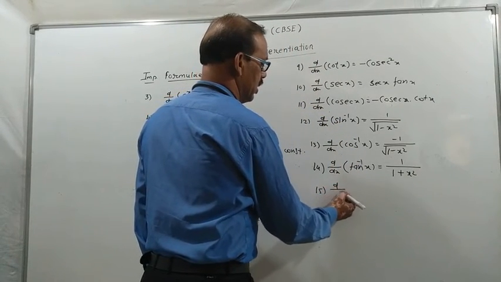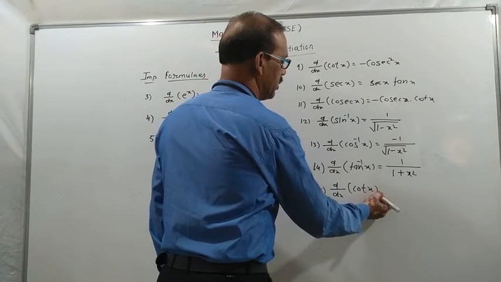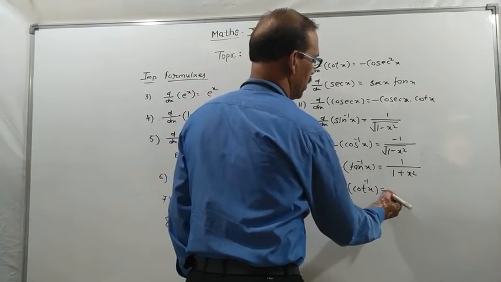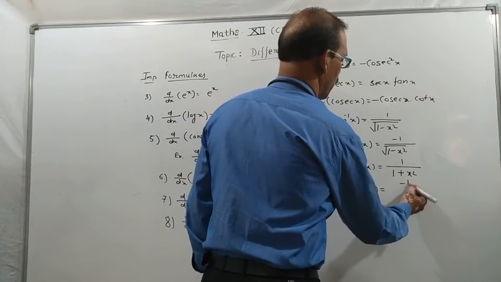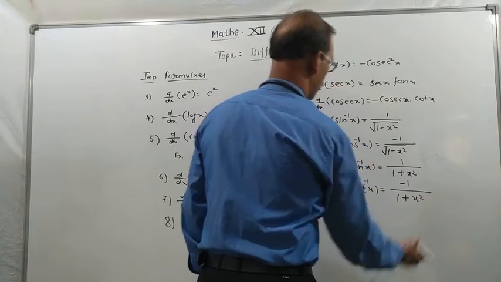Next, d/dx of cot inverse of x can be expressed as minus 1 upon 1 plus x square.